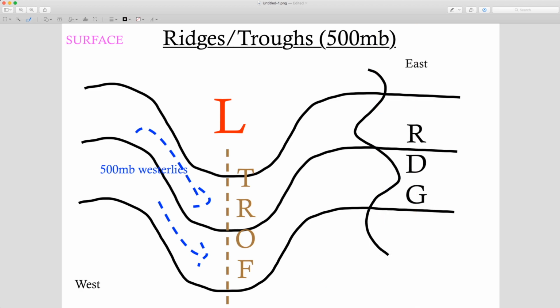Like this. And you probably notice there is a ridge on both sides. That's a ridge and a trough.